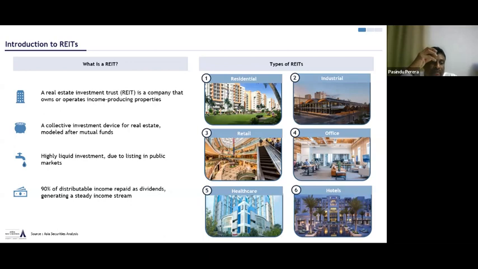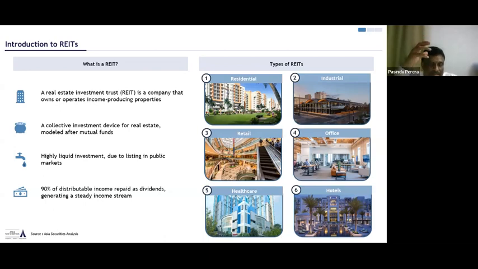So in that context, you have to invest in properties that yield income. It is a collective investment device for real estate, modeled after mutual funds.